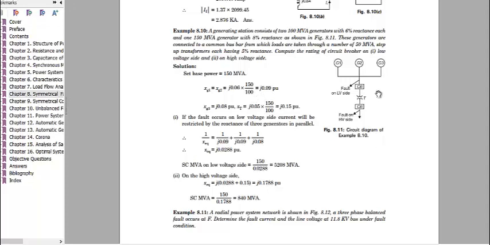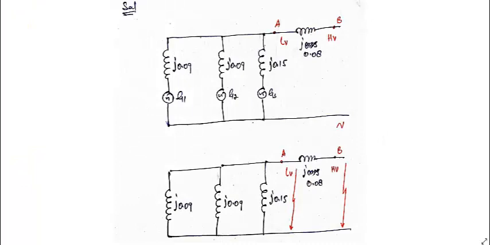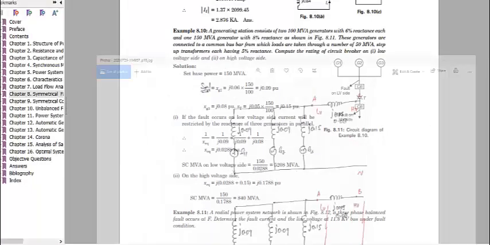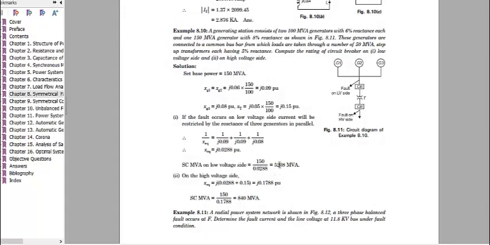Similarly, for the transformer, XT is given as 5% reactance.